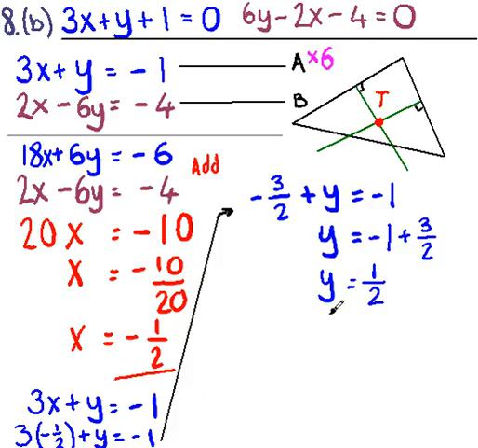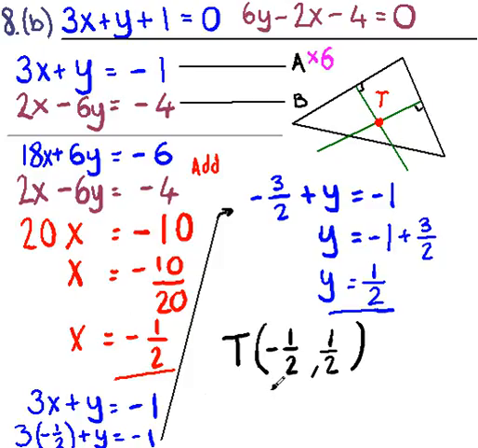So now we have our y value for our point of intersection. So point of intersection T is x is negative a half and y a half. And that's the point where the two bisectors cross over.